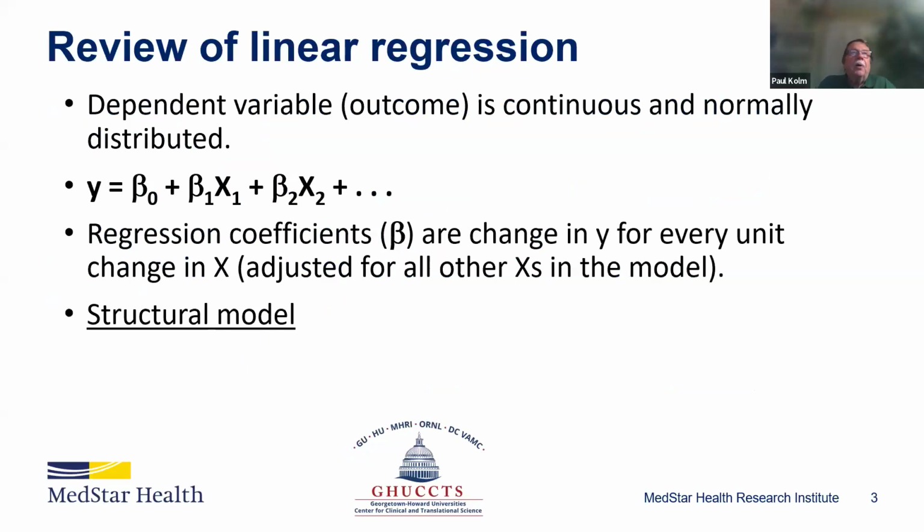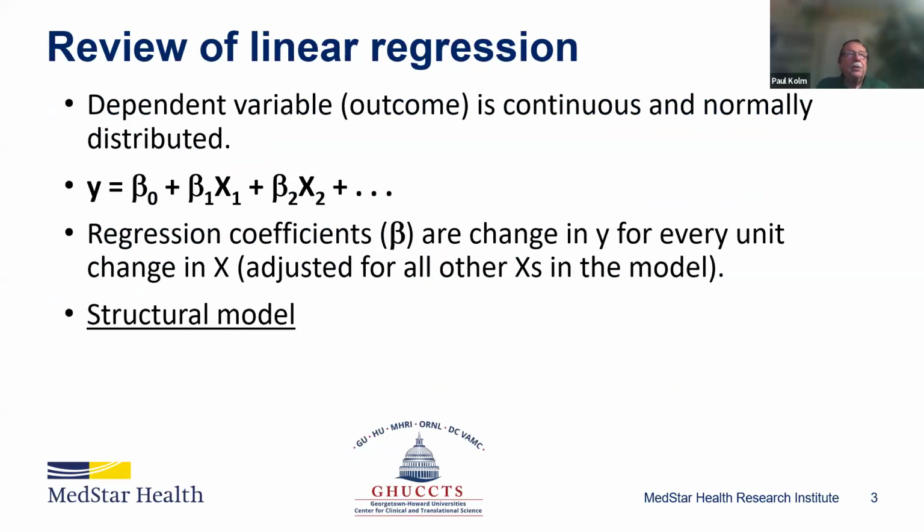As you may or may not recall, in linear regression we have a dependent variable, or the outcome variable, that's continuous and assumed to be normally distributed, although it doesn't have to be exactly normally distributed. So we have the regression equation where we have the regression coefficients, the betas, and then the x's that are the independent variables.